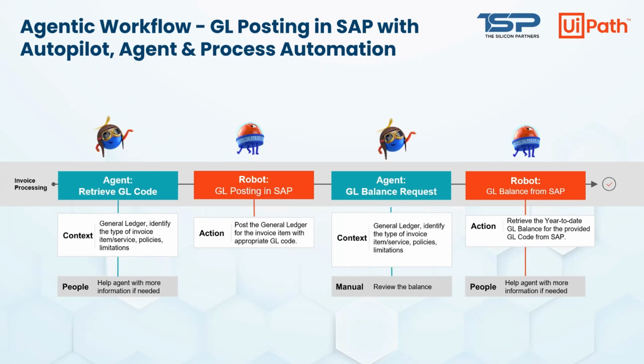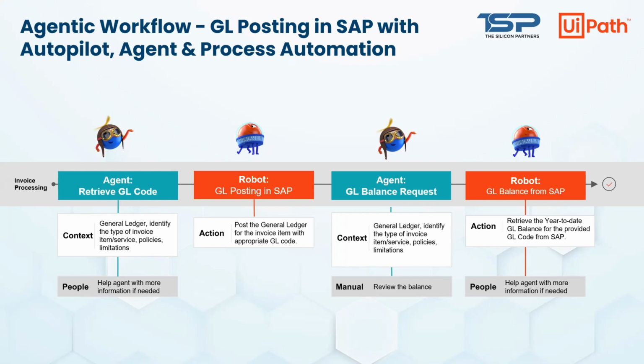But the idea is to start from where you have received those invoices, which have item details, whereas you don't know under which GL you should be posting this. And part of the whole process, how we piece together the concept of agents as well as the robot, that's what we are showing here.